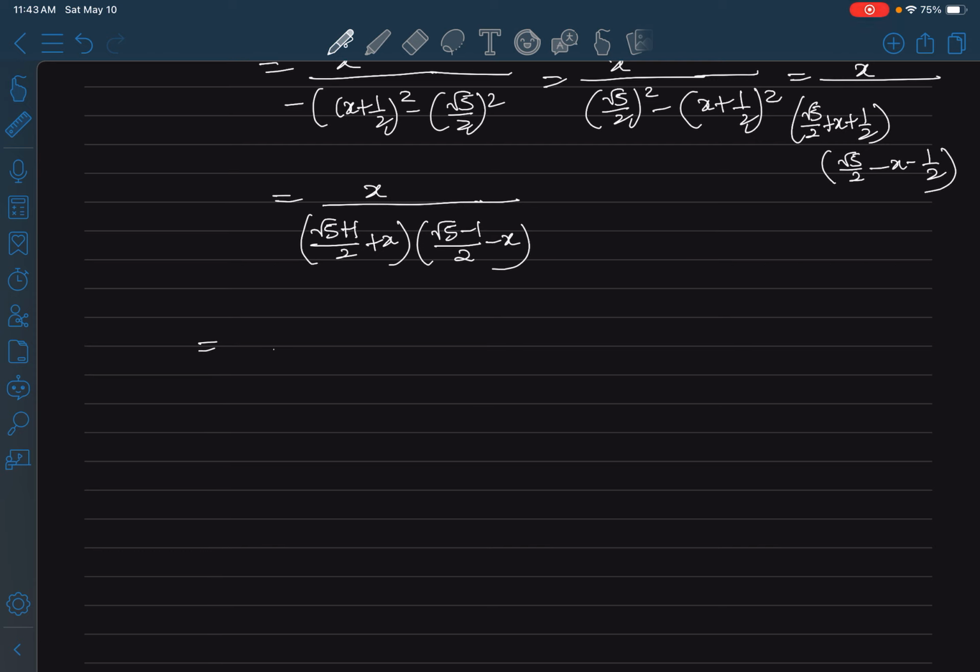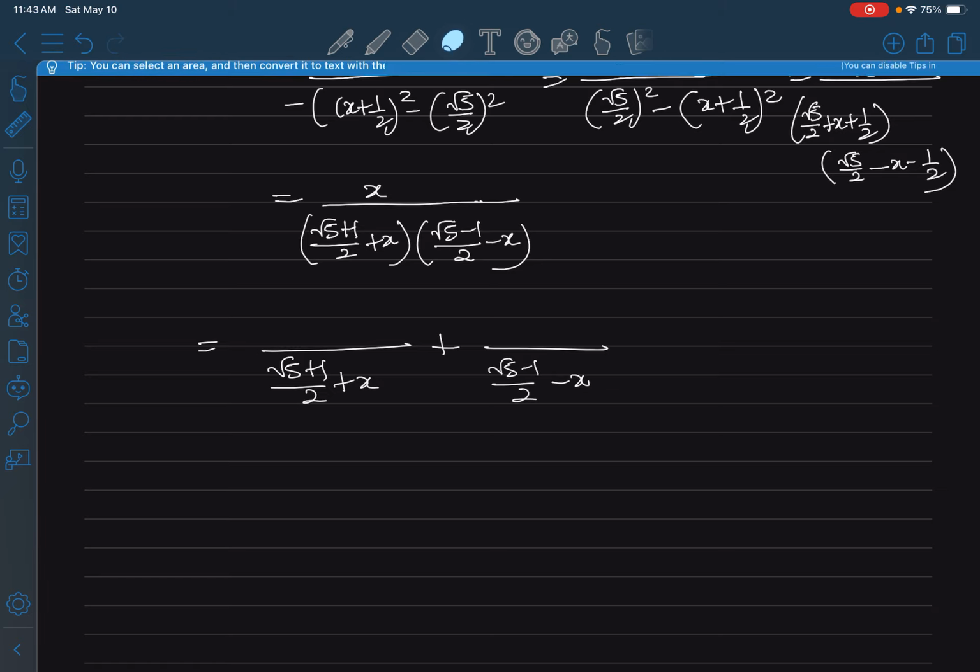So in the cover up method, I will just write these two fractions, right? And then what I will do is, first of all, for its numerator, we know that this thing is 0 when x is negative of root 5 plus 1 by 2, right?